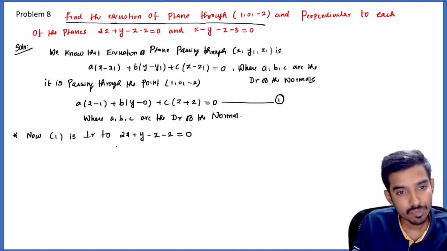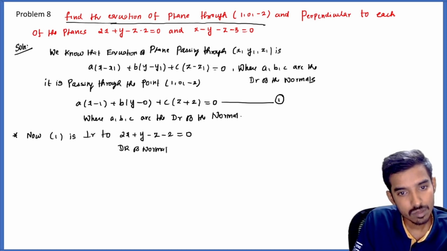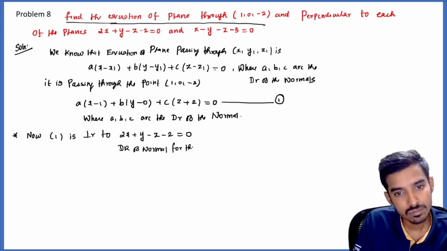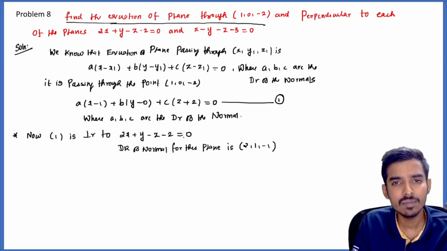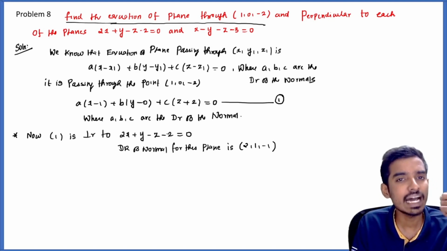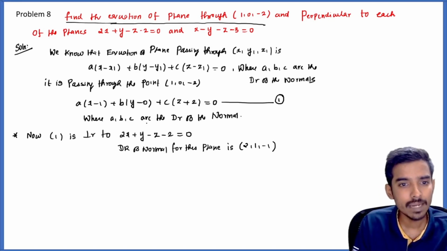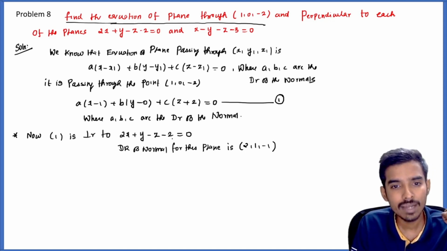It is 2, 1, -1, right? ax + by + cz + d = 0 is the general equation of plane, and a, b, c is the direction ratio of the normal. So we know the direction ratio of the normal to the first plane, and also we know the direction ratio of the normal to this plane also.